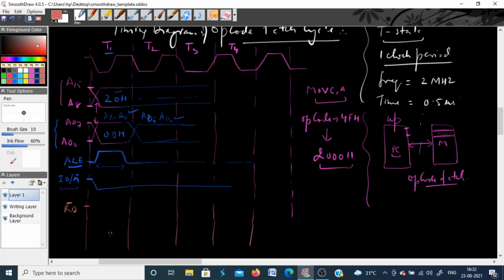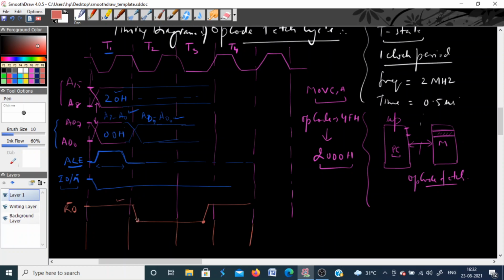It has to be in the second clock period, when this address is latched. So it will remain high initially, and then in the second clock period it will go from 1 to 0. It basically remains in this 0 state for 2 clock periods, and then the processor again sets it to 1.